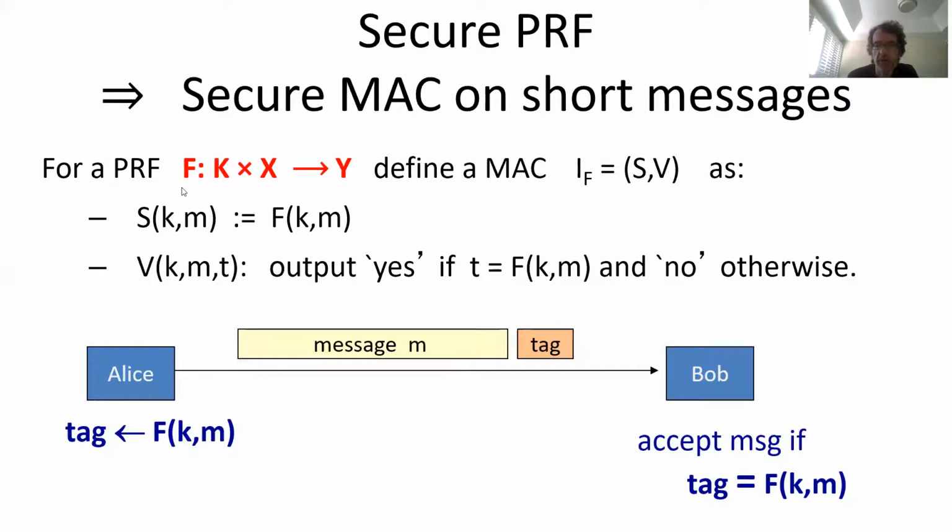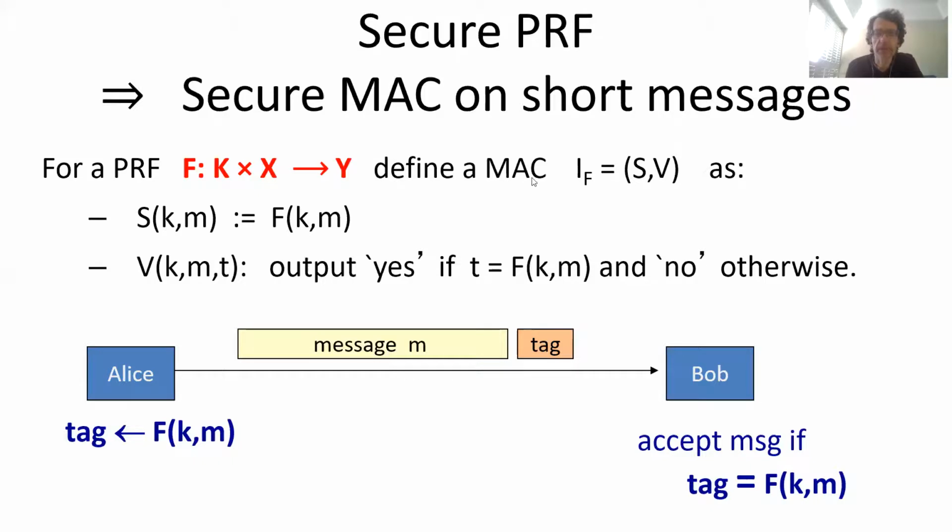For example, any block cipher, right? The design principle is that it's a PRP, which means it's a PRF as well. It is a function on some key space, some argument space, and a resulting range, and in the case of a block cipher, X and Y are the same.